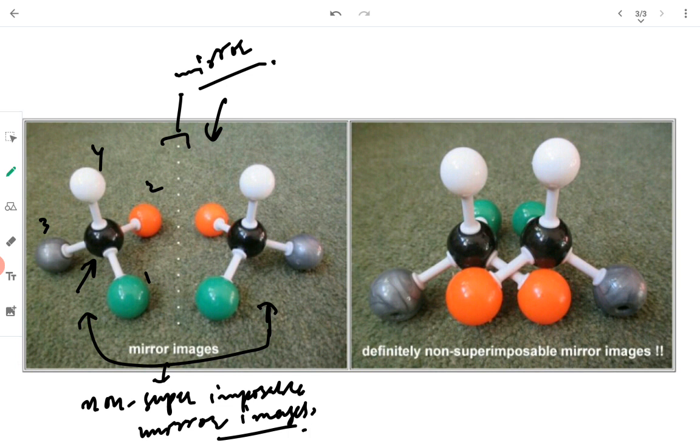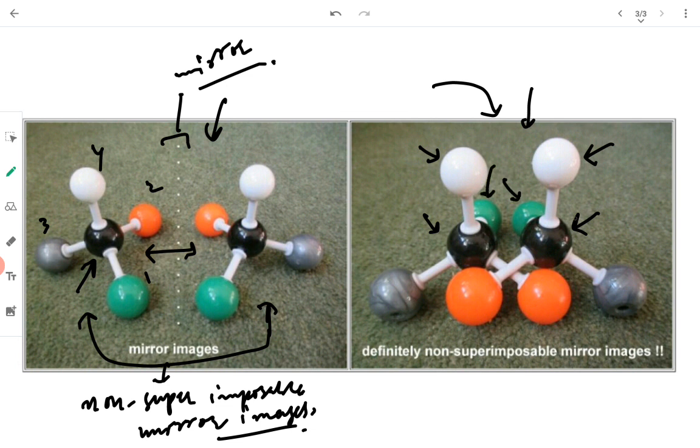This concept of non-superimposability will be clear here. You see, these molecules are a little bit farther from each other. In this image we have tried to superimpose them. This carbon will superimpose with this carbon. This hydrogen will superimpose with this hydrogen. This group will superimpose with this green group.